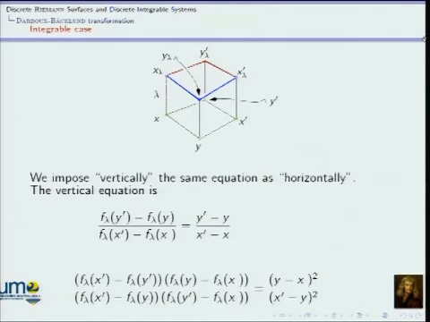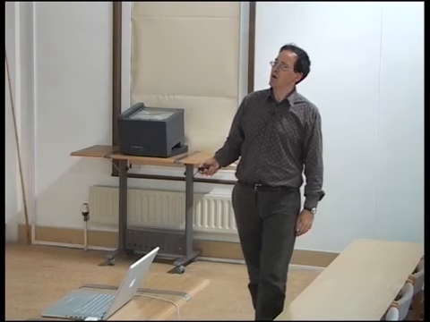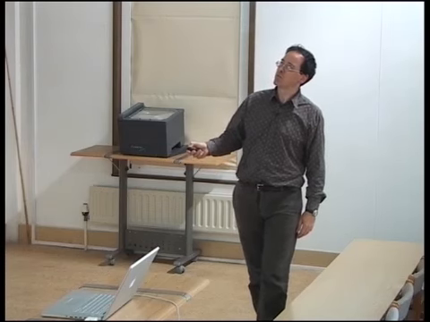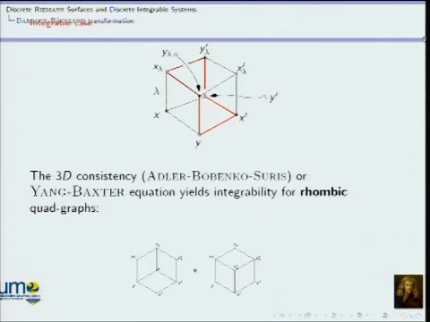But the fact is, whenever these x, y, x prime, y prime are making up rhombi, then it's the same thing. Whether you go along the blue or the red path, you end up with the same value. That's integrability as 3D consistency. One way to look at it is to divide this cube into two hexagons, this half cube here, or this half cube there.